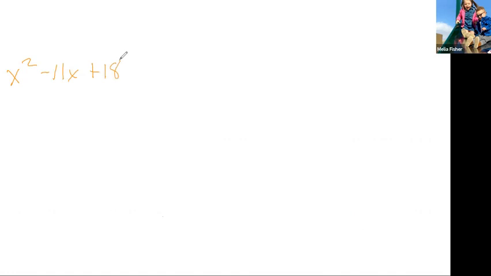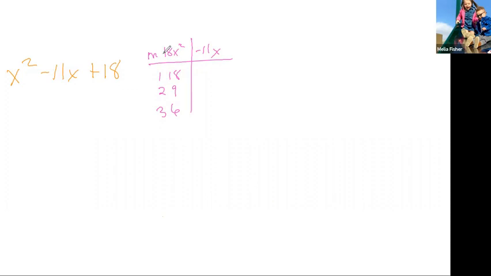I personally, rather than writing out a diamond, which is the most popular, sometimes prefer to just say, I need something that multiplies to 18x squared, but adds to a negative 11. I like this because then I can list my factors of 18, and figure out how that's going to work to equal a positive 18, but add up to a negative 11.